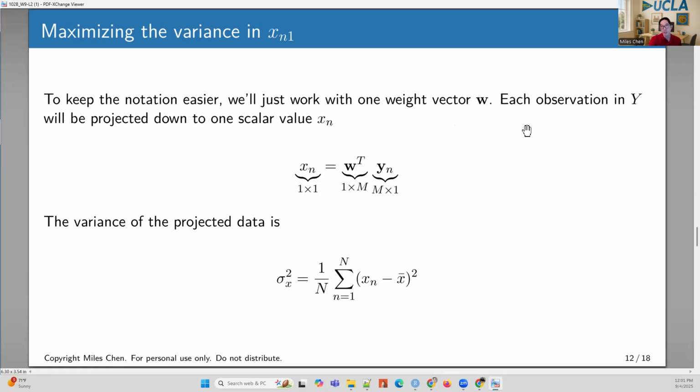What this is going to do is take each observation y and project it down to just one scalar value x. We're going to take one vector w, multiply by y, and scale it down. Basically, w is like, how should we add up the values in y? At the simplest, you can just take the different values of y and add them together. That's basically what we do with SAT scores.